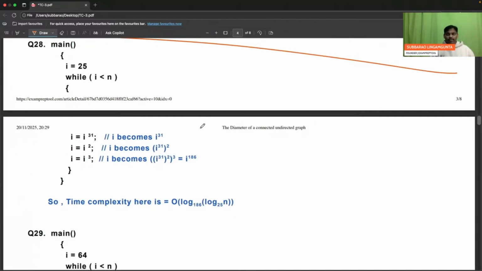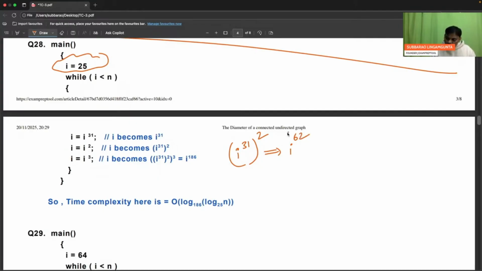I think everyone observe. See this one. You are starting with a small number, which means inside the loop you have to increment. Increment means power. Understand? So first i power 31. Now whatever you have, to that whole square. Remember, a power m whole power n is a power mn, so multiply. It became i power 62.